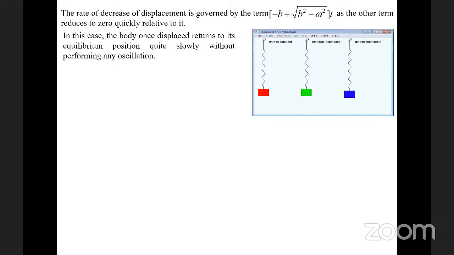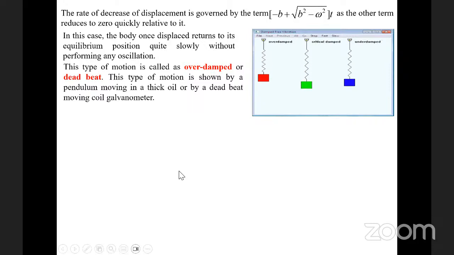Is it clear? Blue is the overdamped one. Sir, we can say overdamped is a non-elastic case. Yes, see here, completely 0. It is not performing any oscillation. Later, critical damping, and only in the underdamping condition are there oscillations. Slowly, exponentially it goes to 0. So this type of motion you can call overdamped or deadbeat.